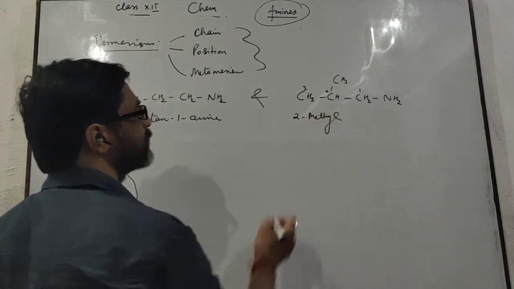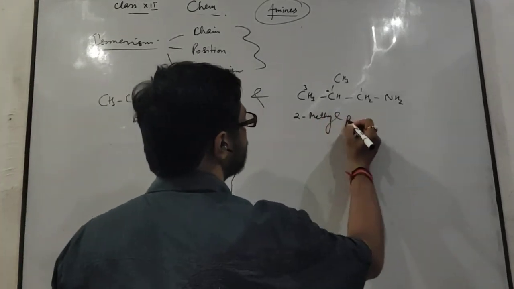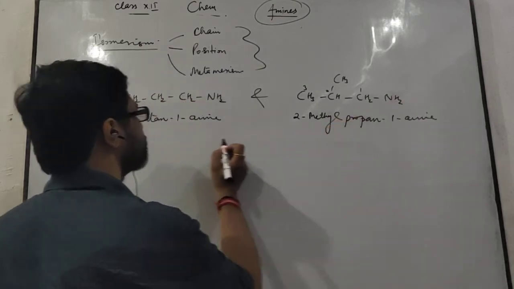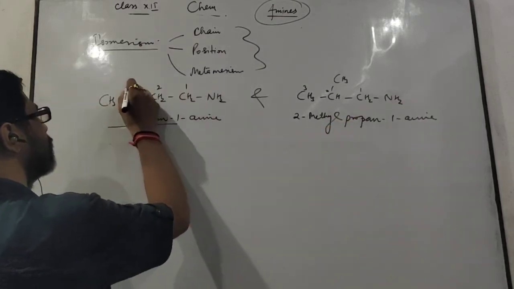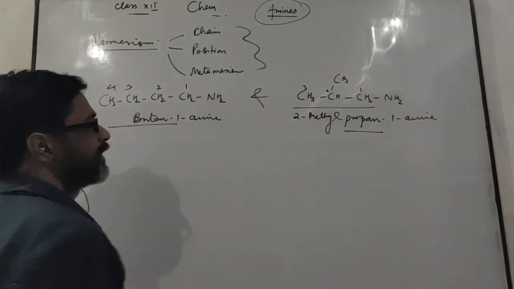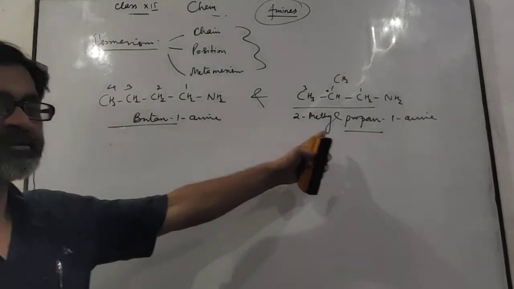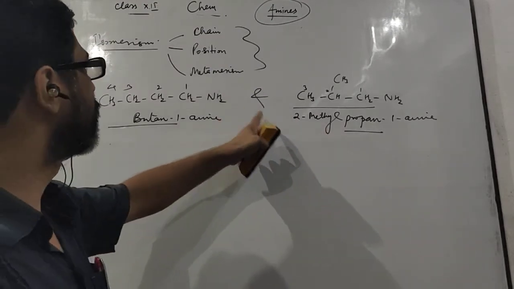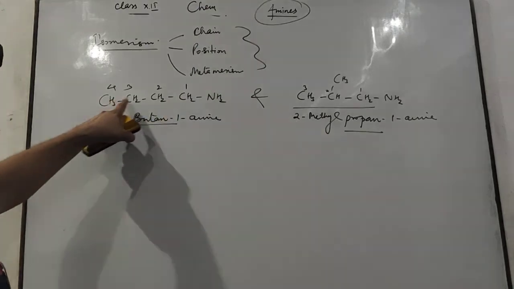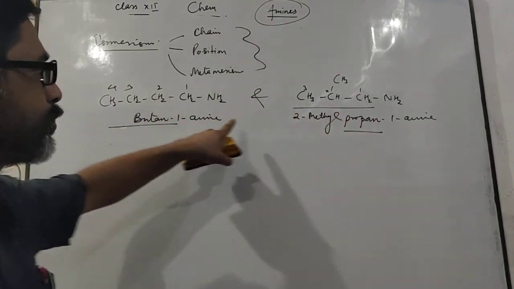You write IUPAC name of this compound, 2-methyl propane 1 amine. Here the chain is of 4 carbon atom like this. Here is the chain of 3 carbon atoms, hence you write propane. Means this pair shows which type of isomerism? Chain isomerism, because number of carbon in main chains get different. Okay, like this.